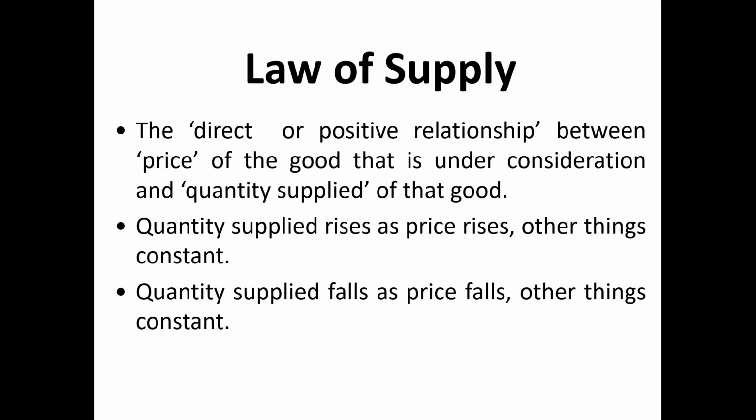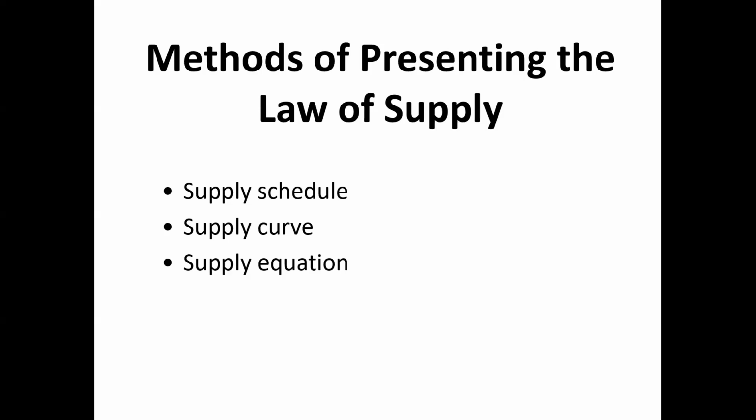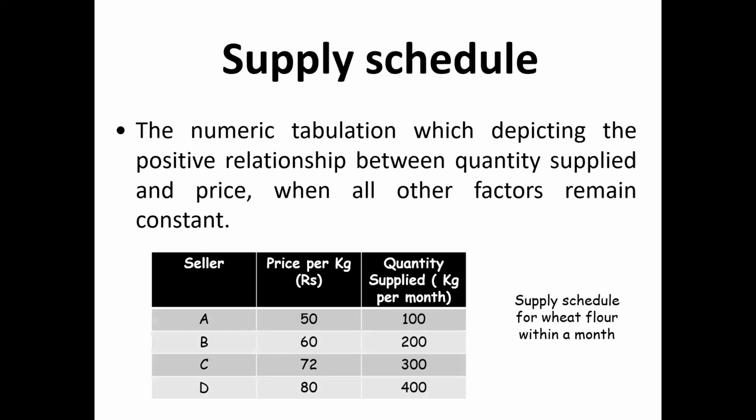So when we consider the law of supply, there's a positive relationship. When price increases, quantity also increases, right? This can also be explained using a schedule, curve or equation.